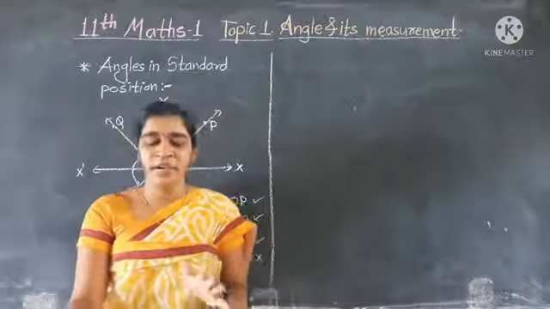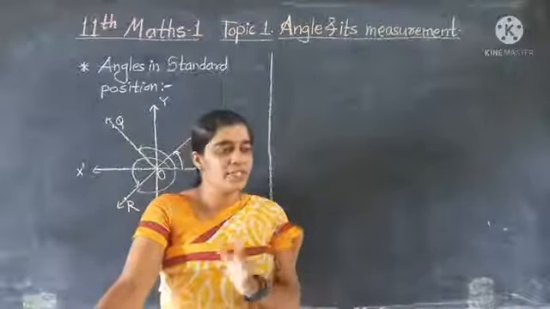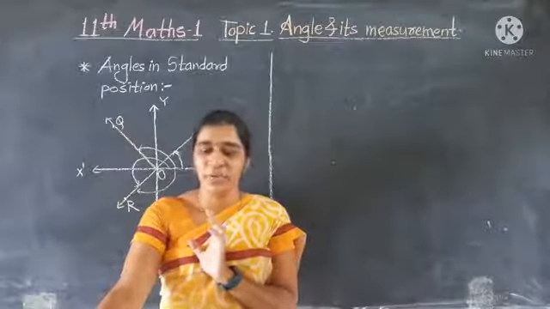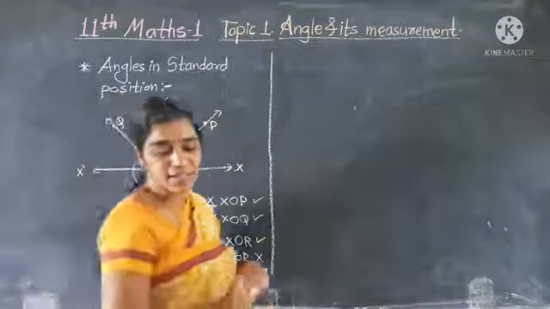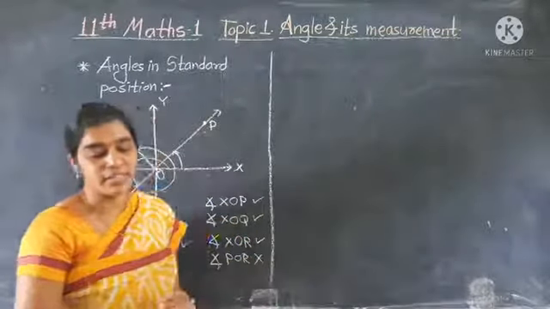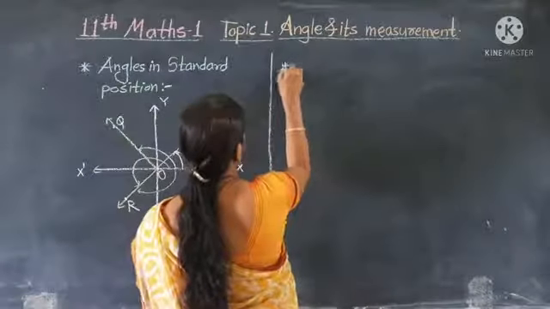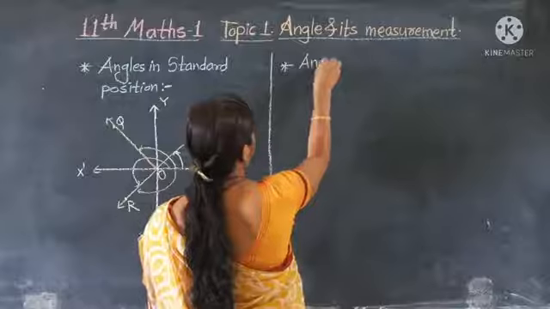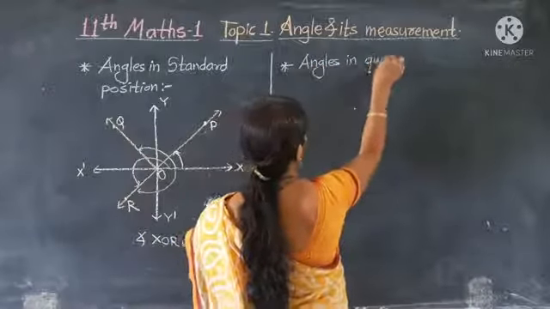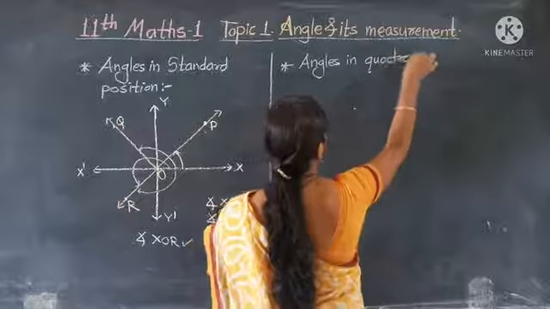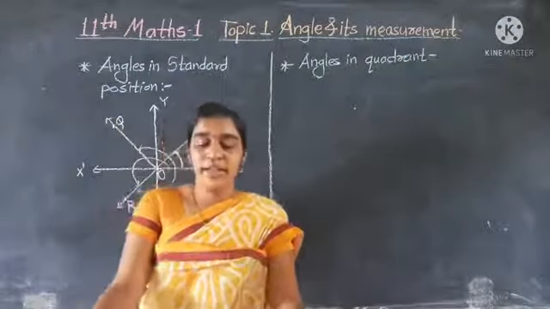See, there are different definitions but simple. You understand the first definitions clearly. Okay, now we will see next points: angles in a quadrant. What are the angles in quadrant?